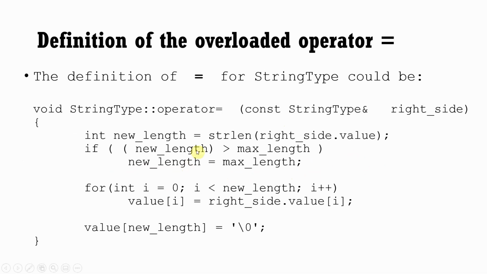here we say integer new length is equal to the length of this one, so we find the length of the right hand side. Then what we are doing is copying the array of the right hand side into the array for the calling object.